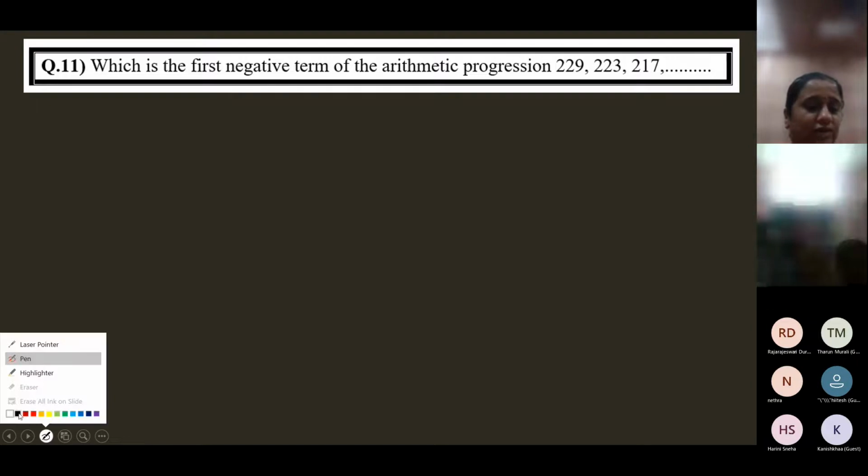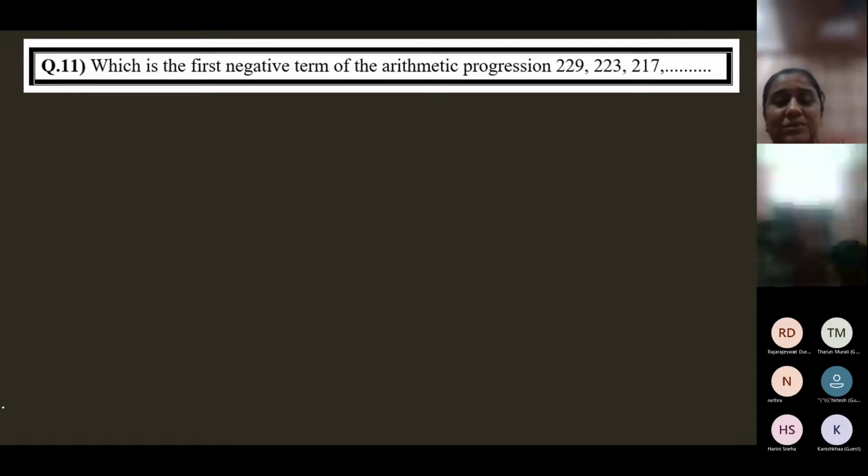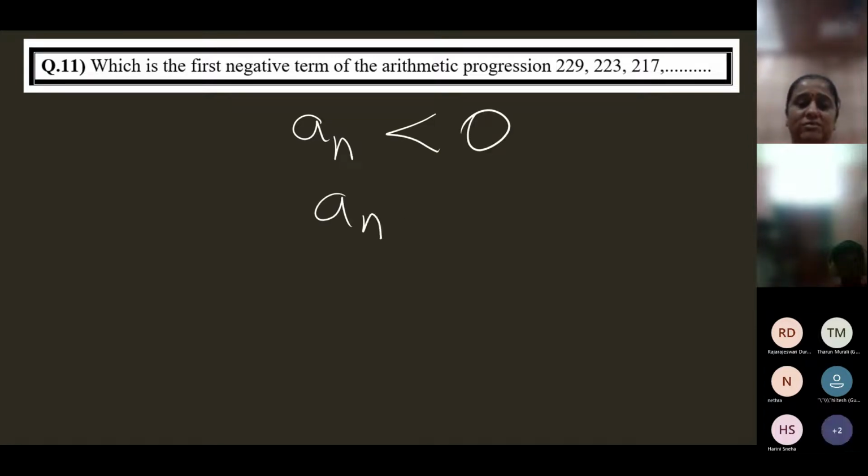So you're trying to find negative, meaning the value is less than 0. So you're trying to find that term whose value is less than 0, some nth term whose value is less than 0.